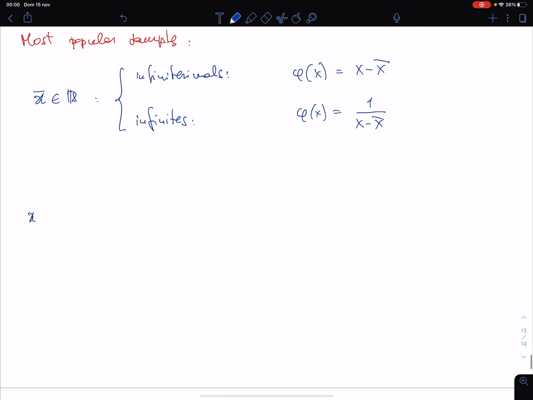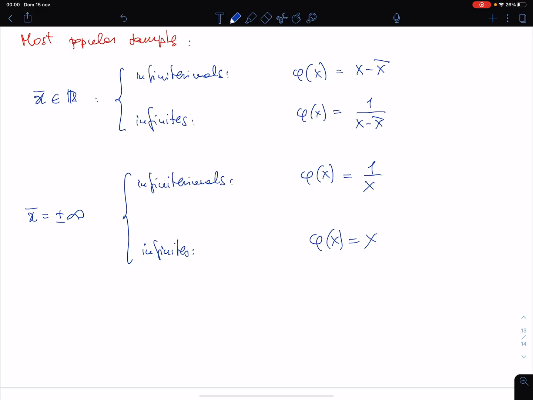The second, if x bar is plus infinity or minus infinity, again for infinitesimals, we have that phi of x is equal to 1 over x, and for infinites, phi of x is equal to x.